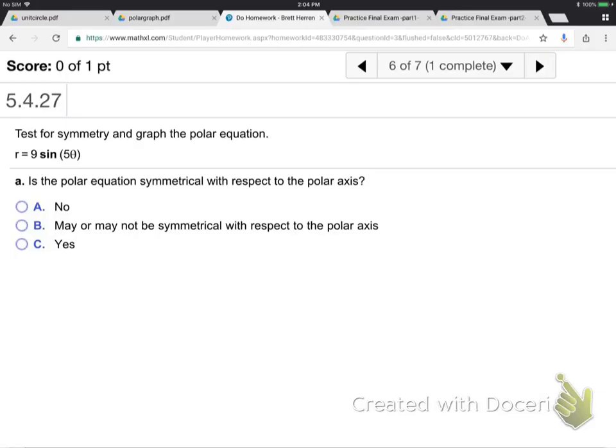Okay, so here we go. So r equals 9 sine 5 theta. Go through the three tests. This will be a little different. Let's do this one. So number 6, r equals 9 sine 5 theta.